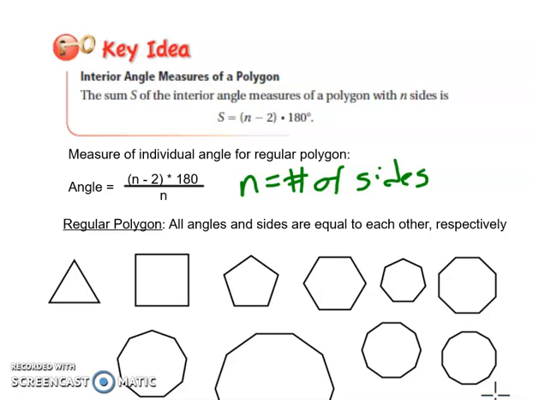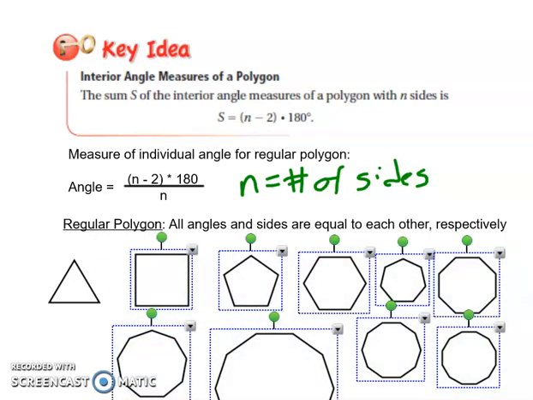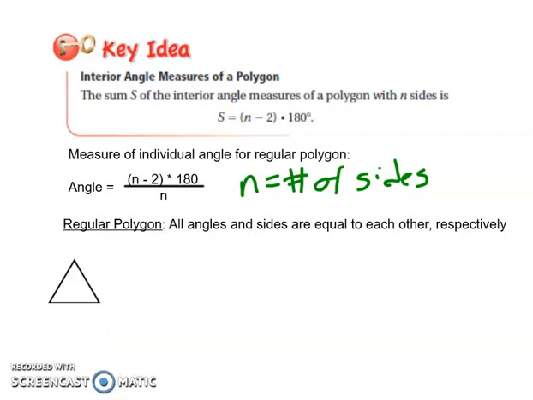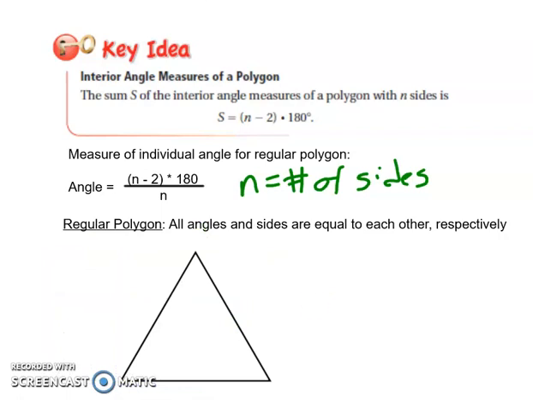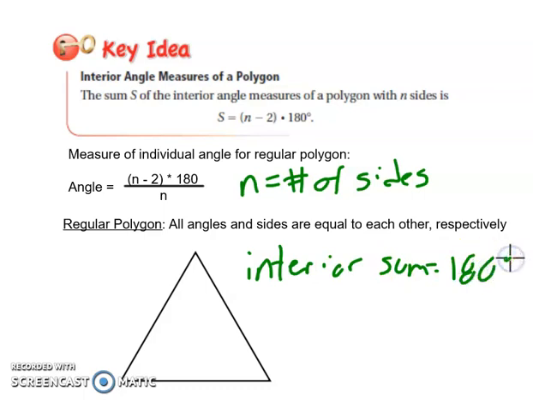For a triangle, if I just get rid of all of these real quick and we just discuss a triangle, well, we know that the interior sum is 180 degrees, right? So if I wanted to find the measure of that angle, and this angle, well, how many angles are there?